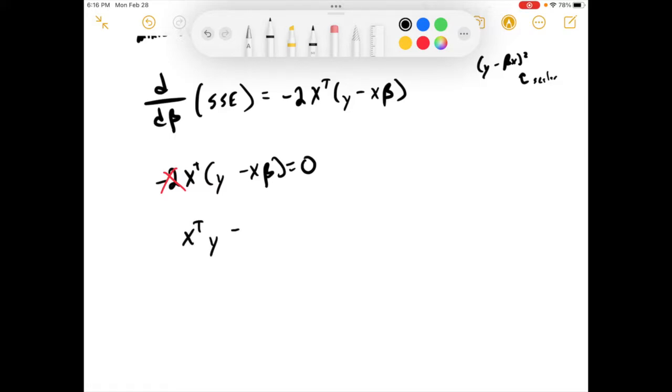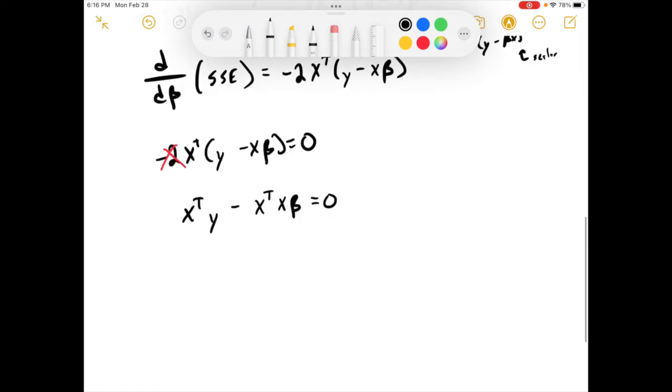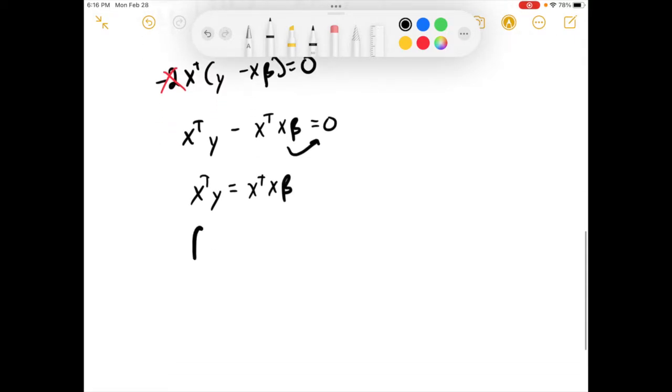X transpose times y minus x transpose times x times beta. Order matters when we're dealing with vectors. Let's go ahead and move that to the other side. X transpose y equals X transpose X times beta. And now, rearranging a little bit, we're going to have X transpose times X inverse times X transpose Y.